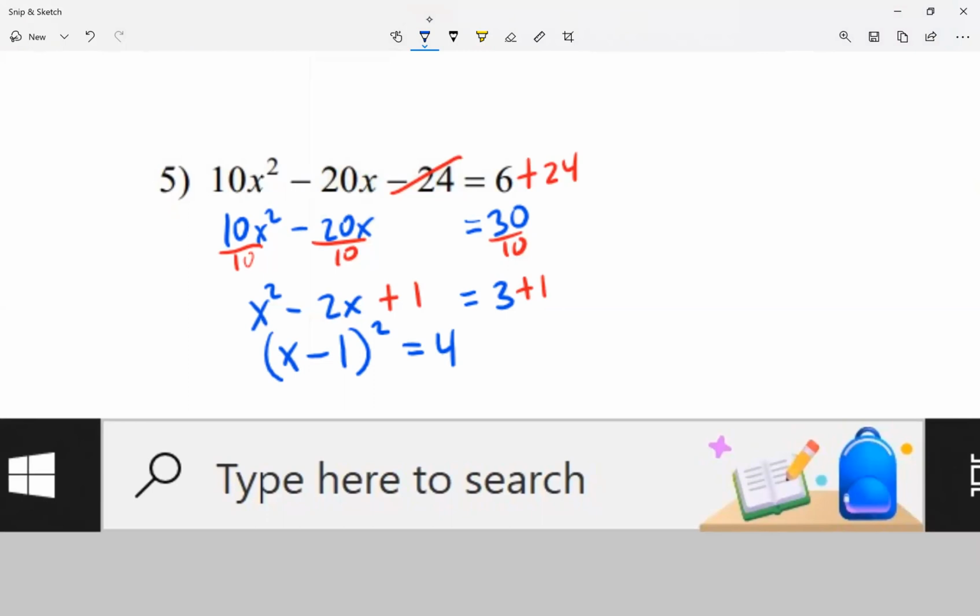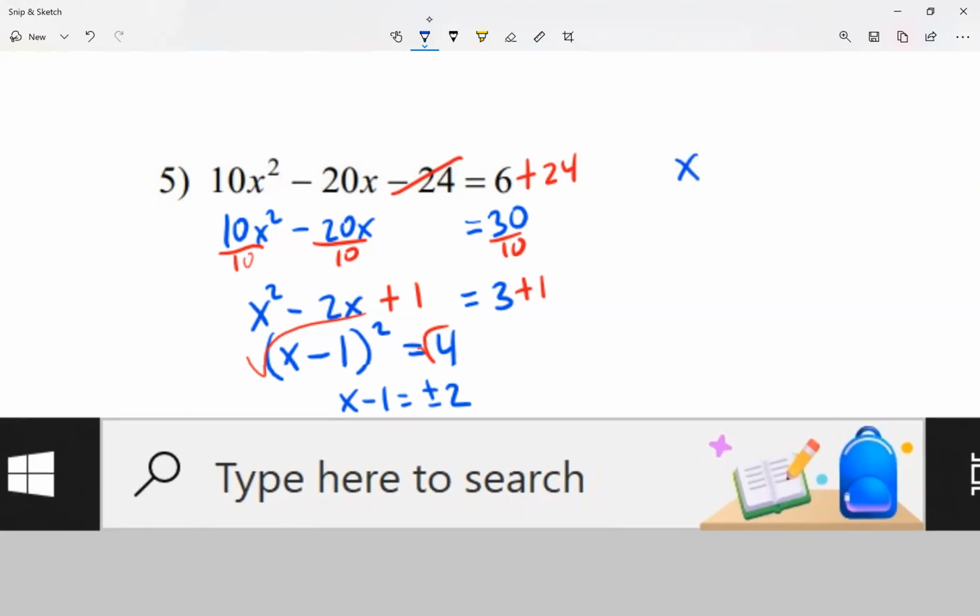I'm going to do the square root to both sides because that's how I undo exponents. So I'm going to get that x minus 1, it's equal to positive or negative 2. When you do the square root of a number, you have to consider positive or negative. For space purposes, let me rewrite that up here. X minus 1 is equal to plus or minus 2.